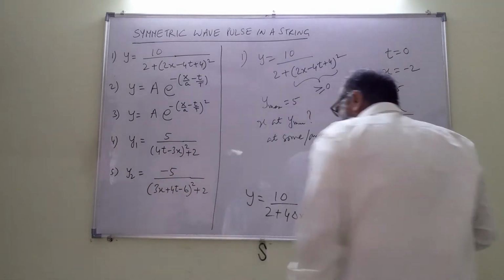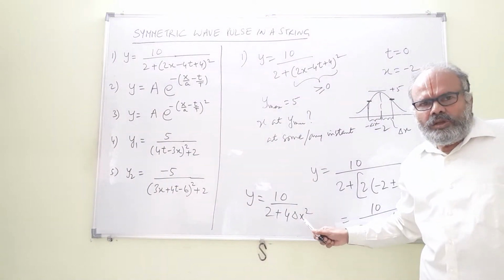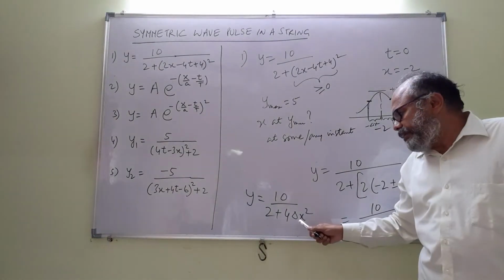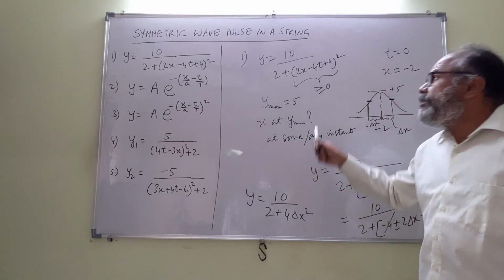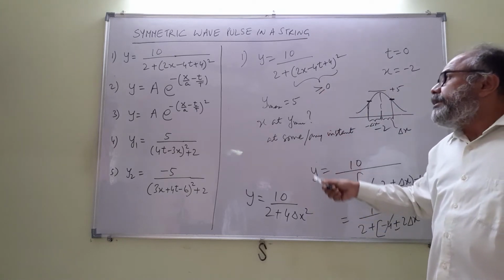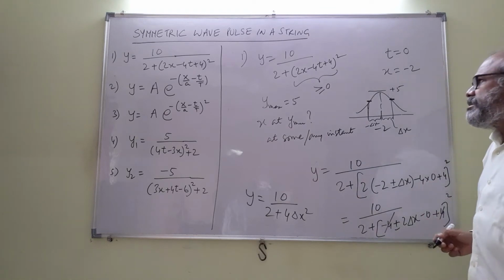So you find that y will have the same value whether delta x is plus delta x or minus delta x. It will not make a difference, and hence we can conclude that the pulse is symmetric. Yes, this is a symmetric pulse.